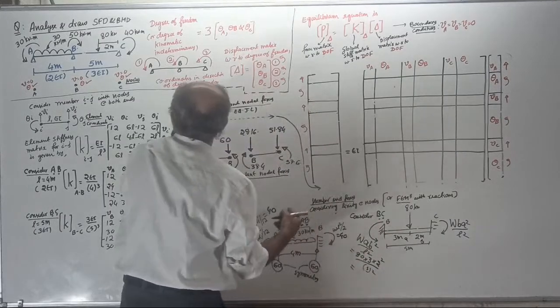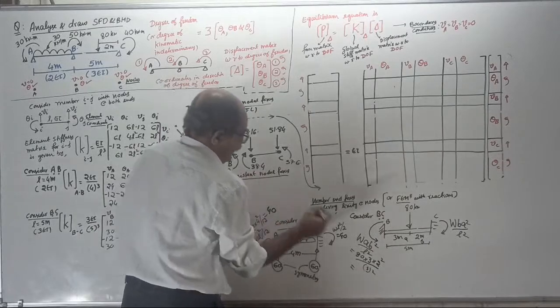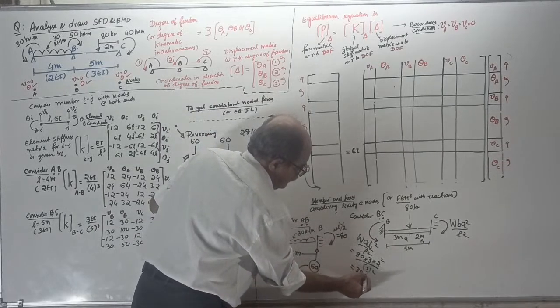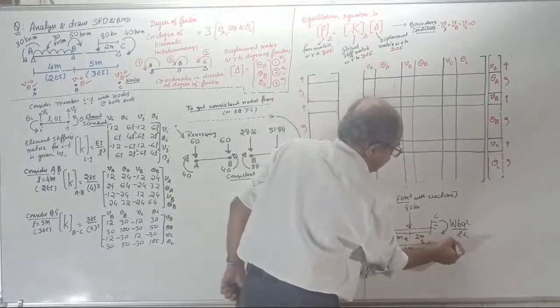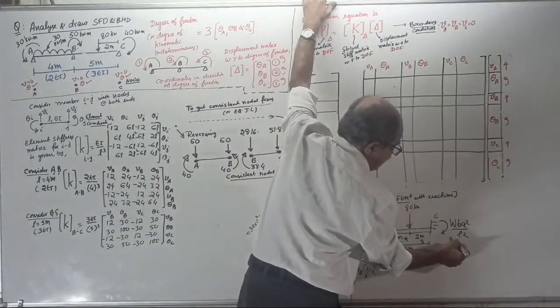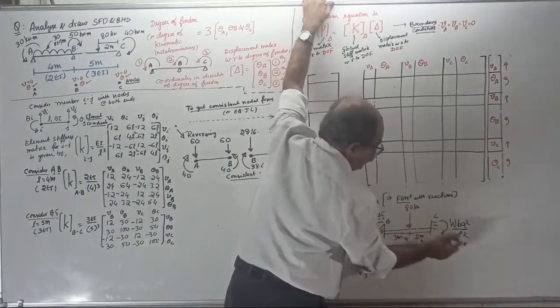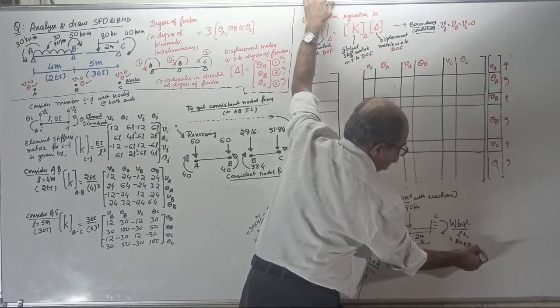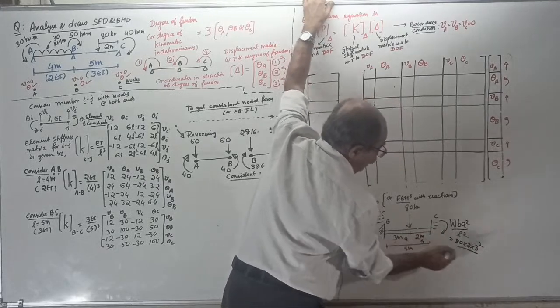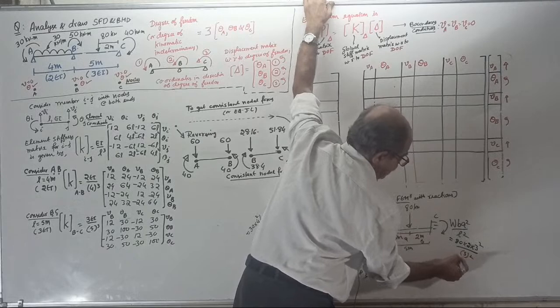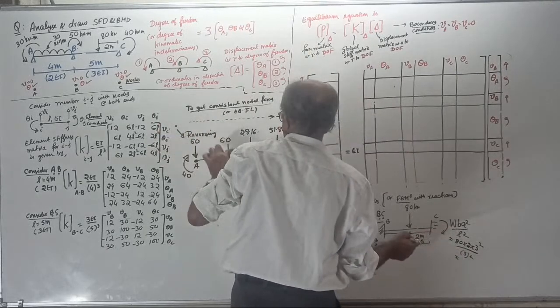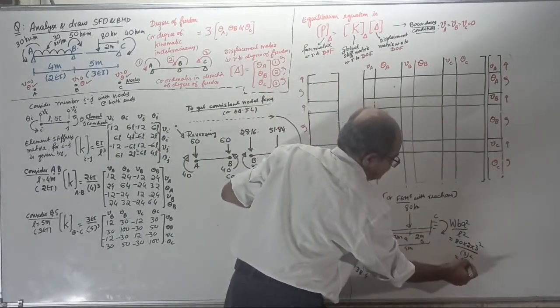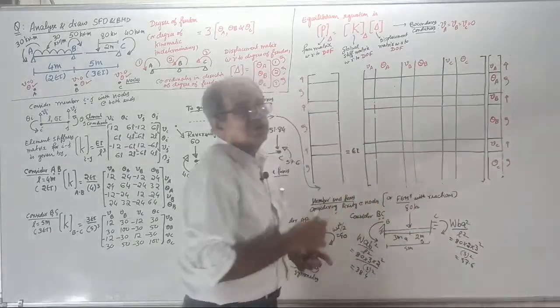It will come 38.4. And here equal to 80 into 2 into 3 square by 5 square. It will come 57.6. So make a note.